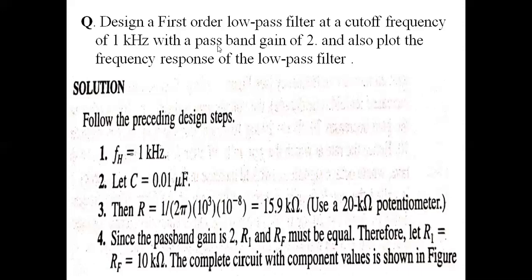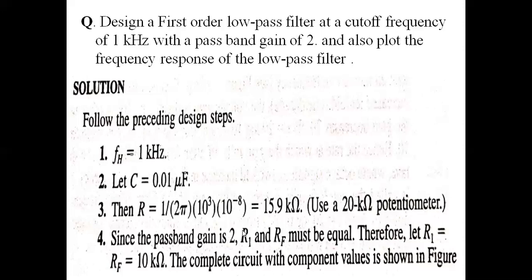Now, the next step is, since the passband gain of the filter is given as 2, as you know, the first order passband gain is 1 plus Rf by R1, and therefore the passband gain is 2. Therefore, R1 and Rf must be equal, so consider R1 equal to Rf.